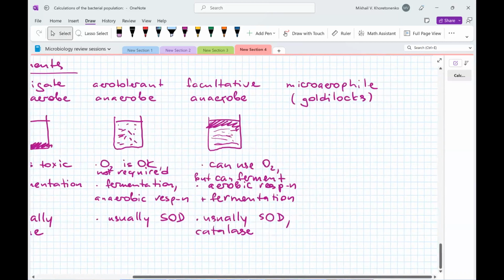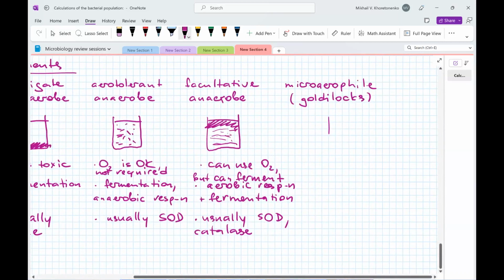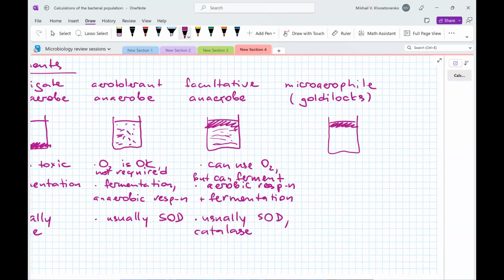Okay, and microaerophiles require precise, small oxygen concentration.